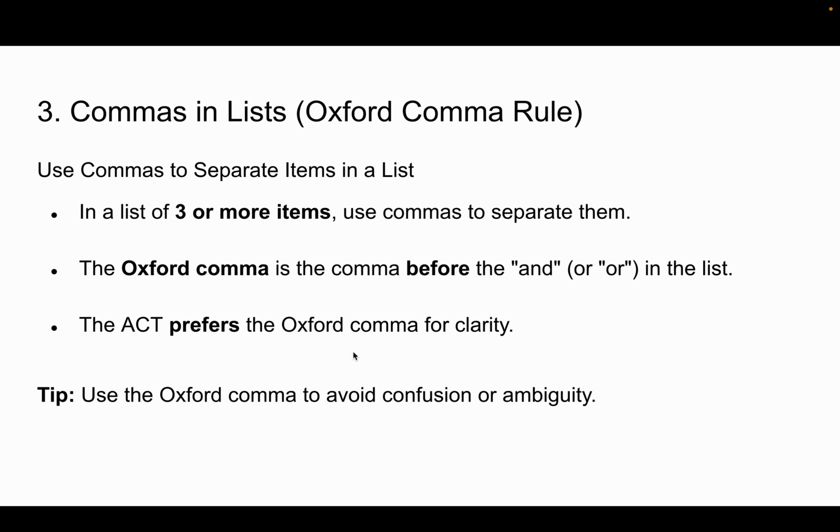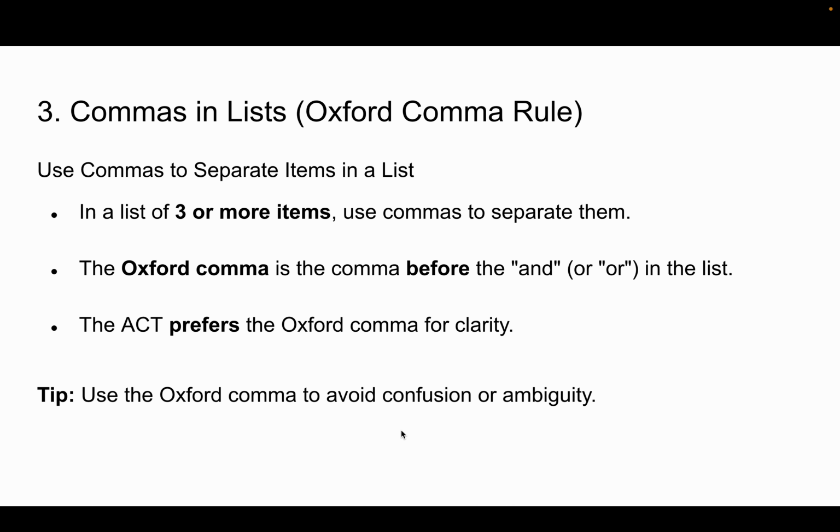The third application, which is the most popular, the most well-known one, is for lists. In a list of 3 or more, the ACT prefers the so-called Oxford comma, the one before the word and or or in your list. The goal is to remove ambiguity and also add clarity.